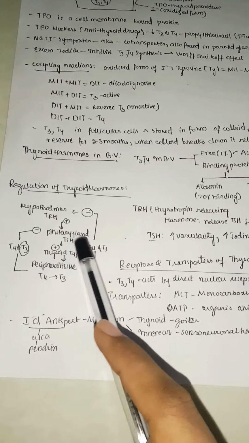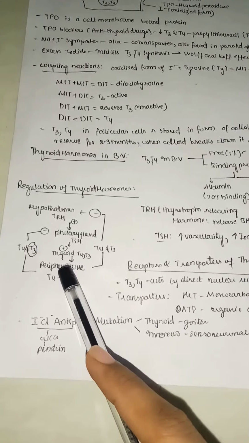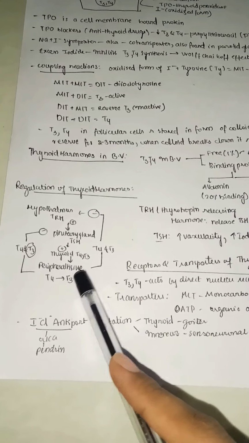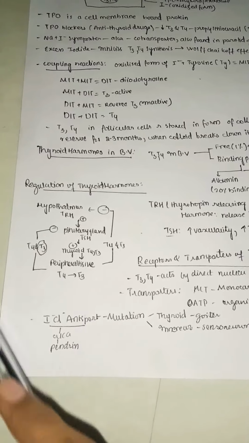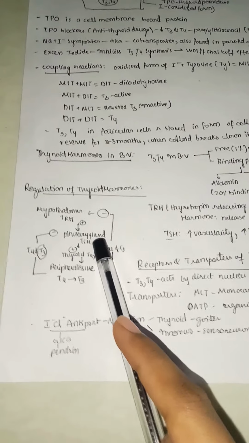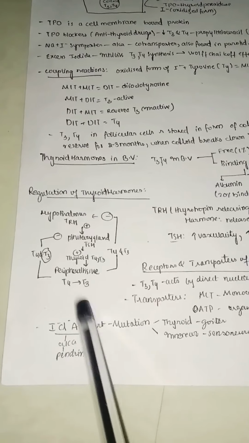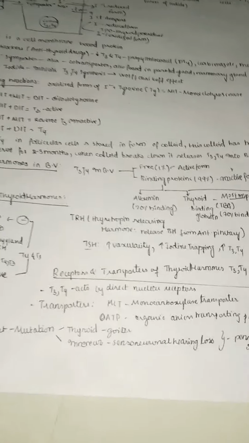In the name itself you can see it stimulates the thyroid gland to produce T3 and T4, and in the peripheral tissue the T4 is converted into T3 because T3 is the active form, and this T3 also has the capacity to do negative feedback on either the pituitary gland or the hypothalamus. Remember, only T3 has the capacity for negative regulation.